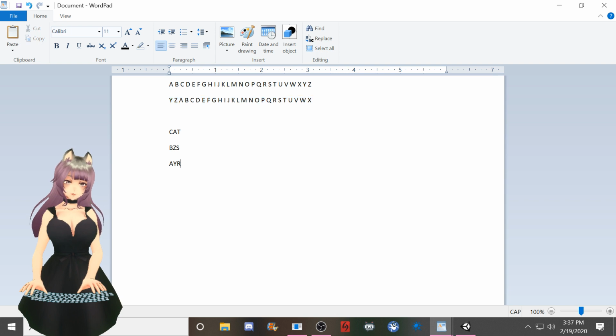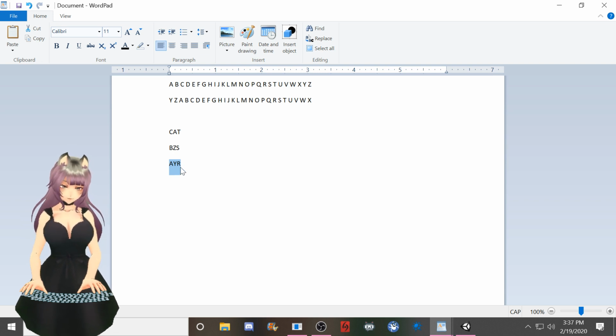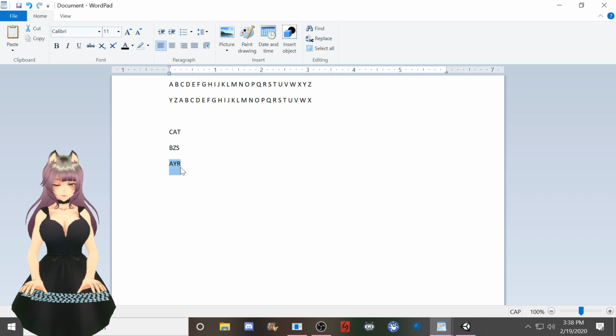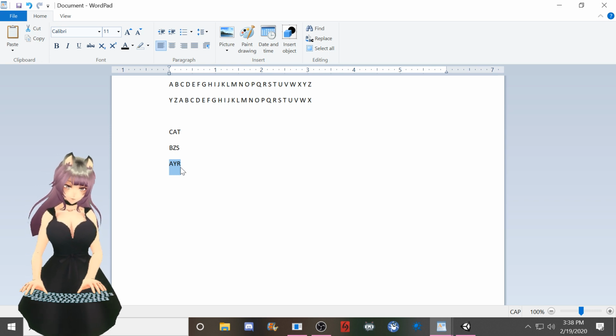But if you are handed AYR, and you've agreed beforehand that you're going to be using a shift cipher of 2, then you look at your A, Y, and R, and you find them on this bottom row. If you want to convert back into normal English, or whatever language you use, you have to start with the bottom row, find the character in the bottom row, and in order to get back to your original, you must read from the top row to figure out what the character was in the original.